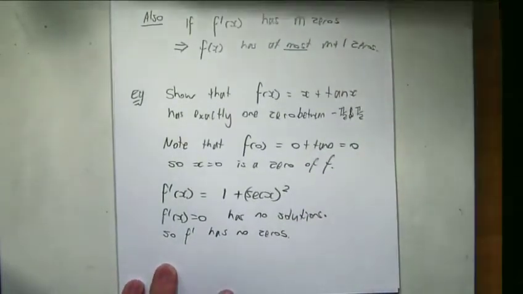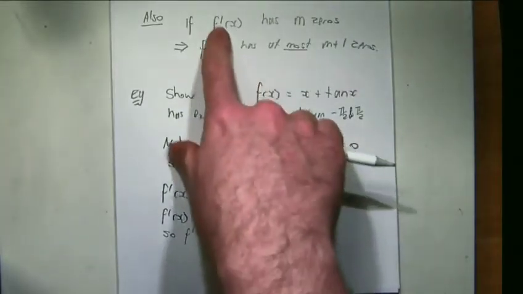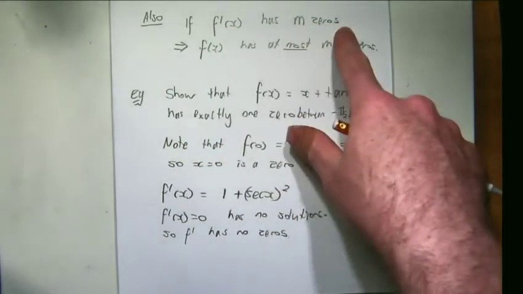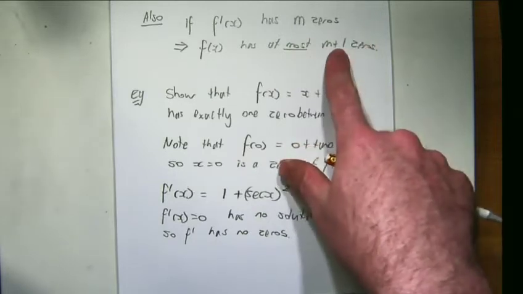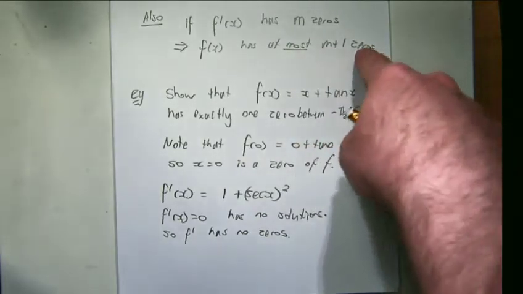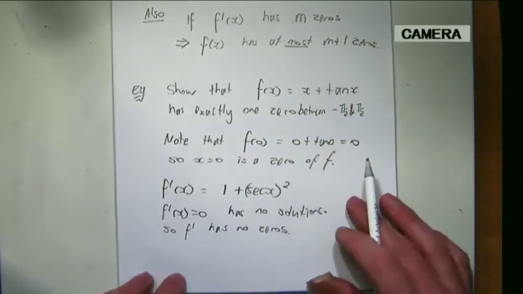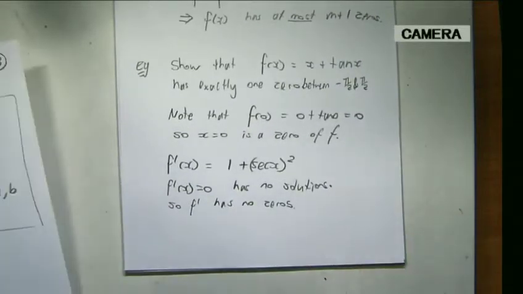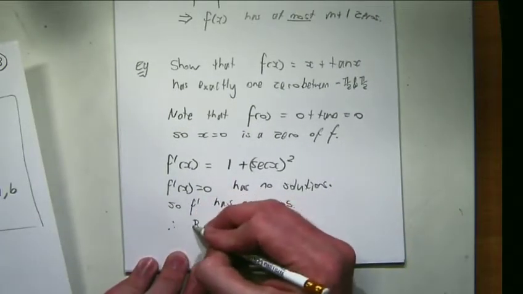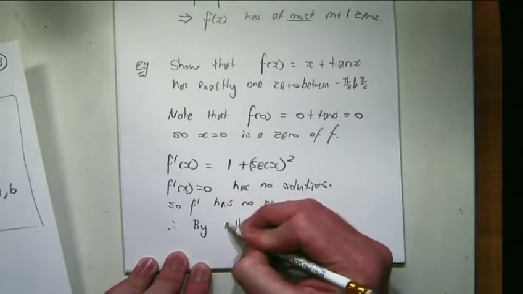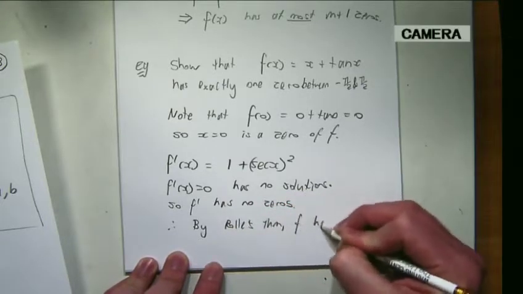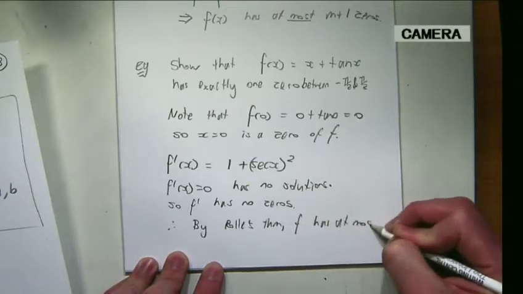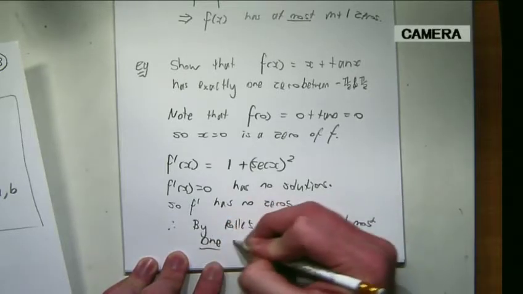All right, so now let's use this fact just up here. f'(x) has 0 zeros, therefore by Rolle's theorem, f(x) has at most 1 zero, because that's 0 plus 1. Therefore, by Rolle's theorem, f has at most 1 zero.